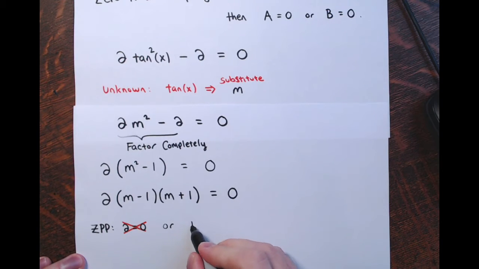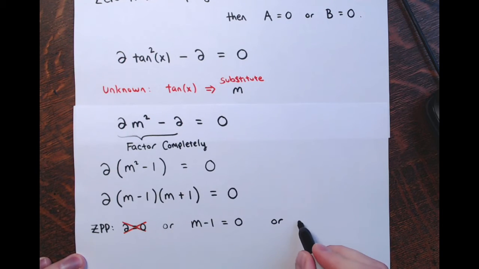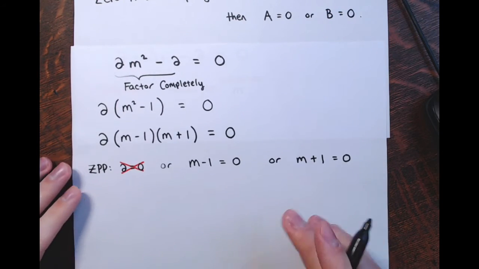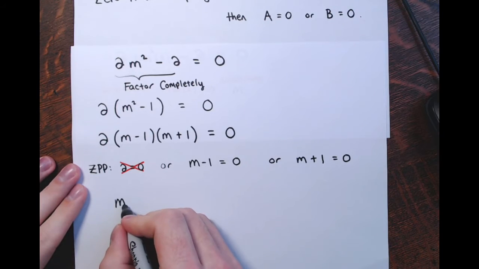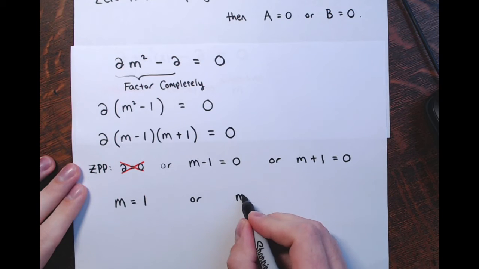Or m minus 1, the second factor, could be 0. Or m plus 1 could be 0. And then we solve for m here, so either m equals 1 or m equals negative 1.